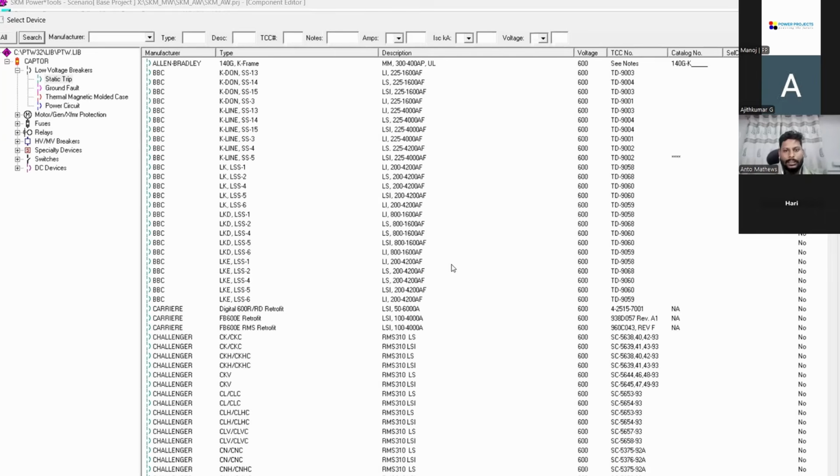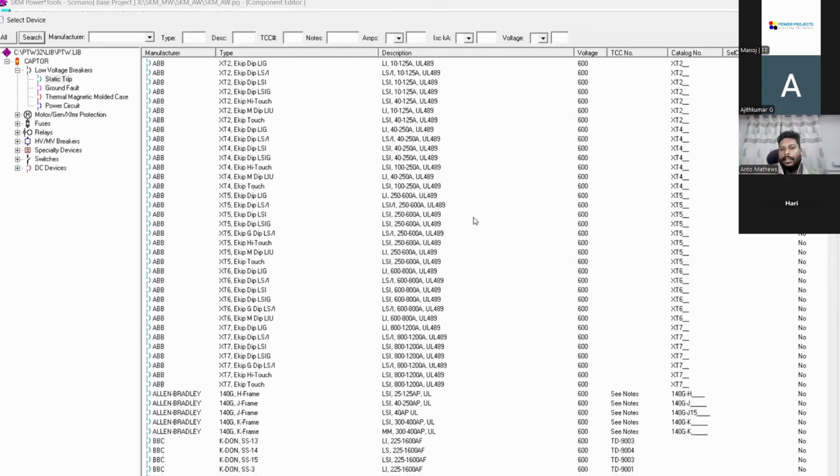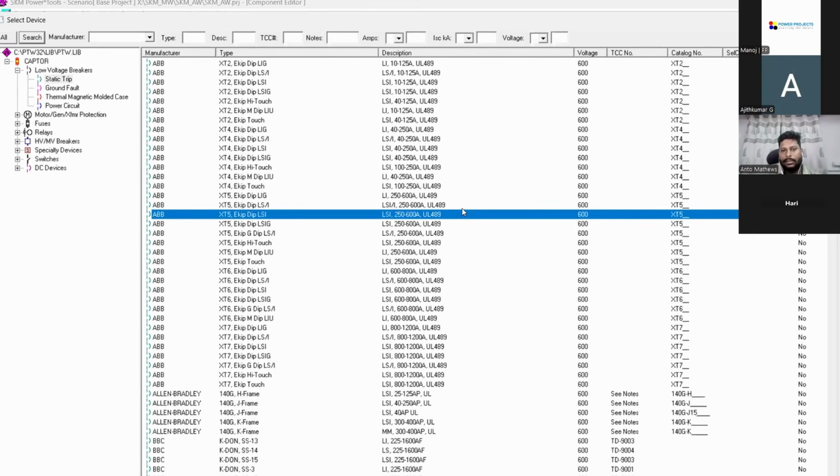I'm just selecting any one value, randomly around 250 to 600 amps.